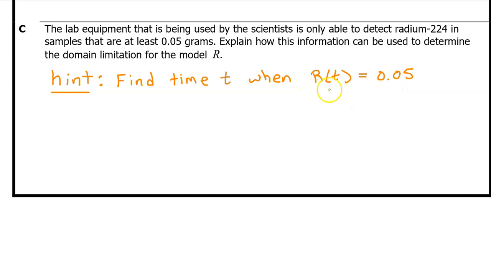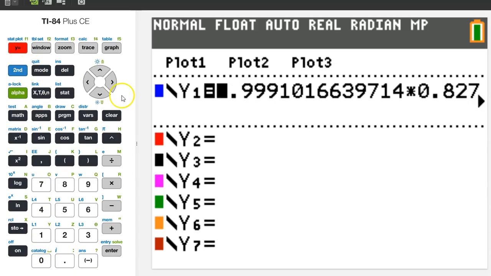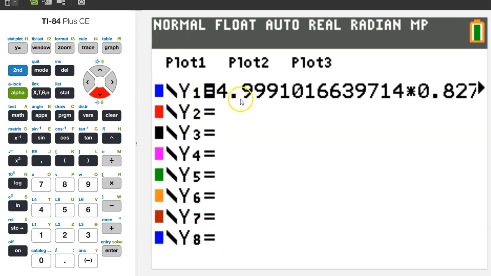We can solve the equation R of t equals 0.05 using the intersection feature of the calculator. Go to y equals, where R of t is entered as y1. The solution to the equation R of t equals 0.05 can be found by the intersection of R of t and y equals 0.05.